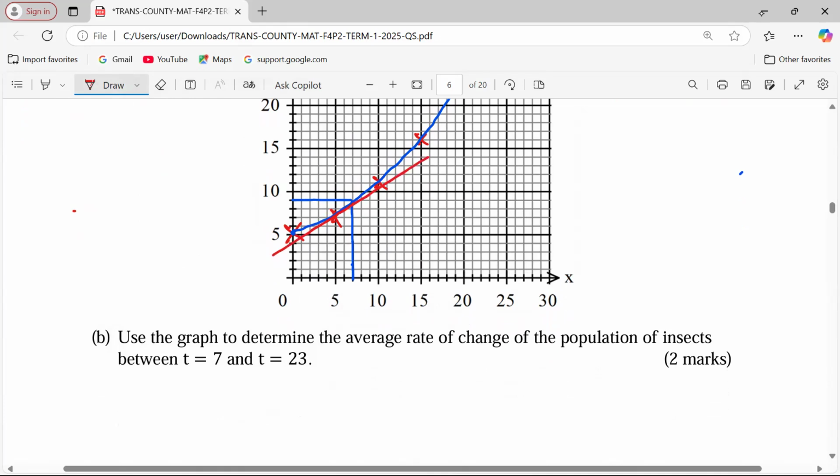So at t equals 7, we can use that gradient to get the coordinates. We are using the coordinate (7, 9) and any other coordinates along the tangent. Along the tangent, we can have very many coordinates, like this one: (14, 13).